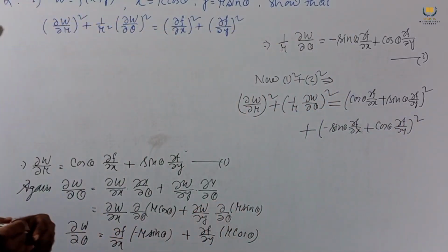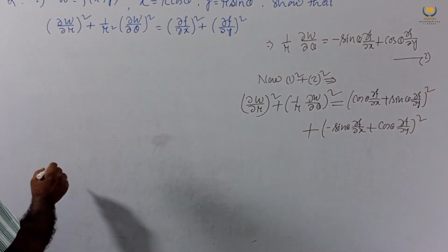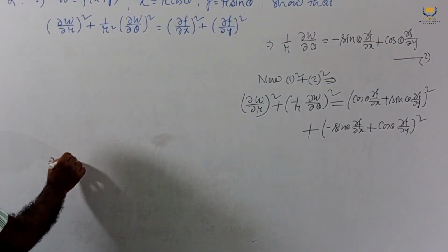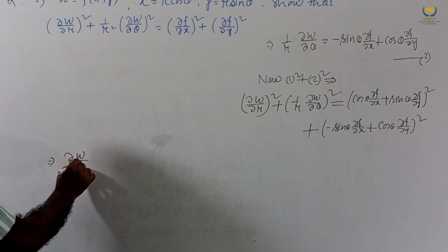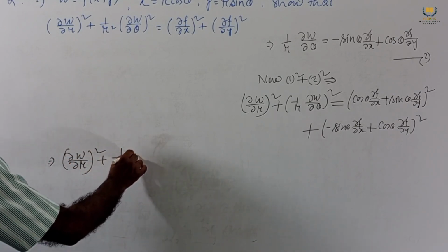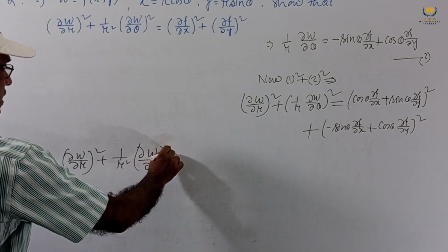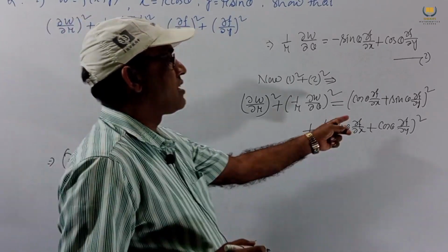This one we get. So from here this is (∂w/∂r)² and this is (1/r²)(∂w/∂θ)², and this is (a+b)².